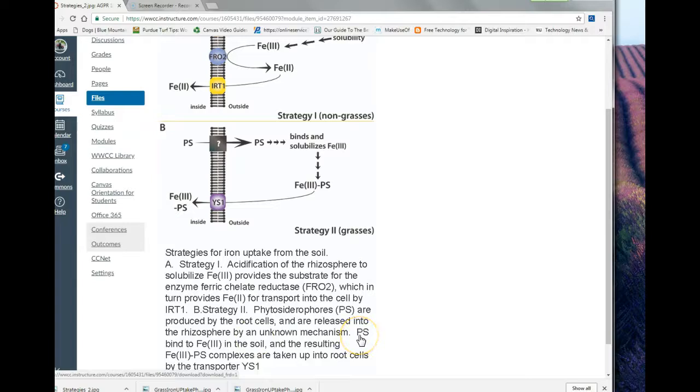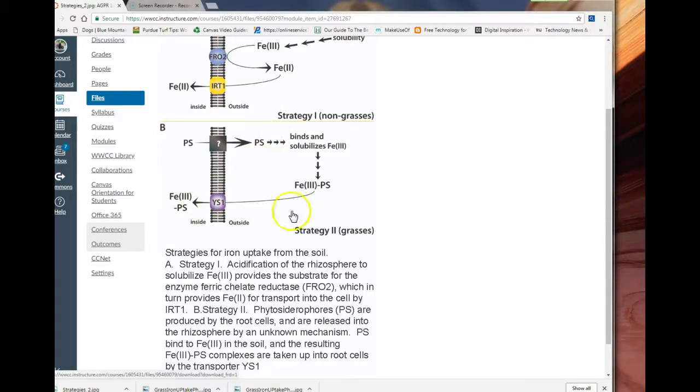So the PS bind to the Fe3+ in the soil, and then the resulting complex, the phytosiderophore and the Fe3+, is taken up into root cells by the transporter at the membrane, YS1. So it's a much simpler process.